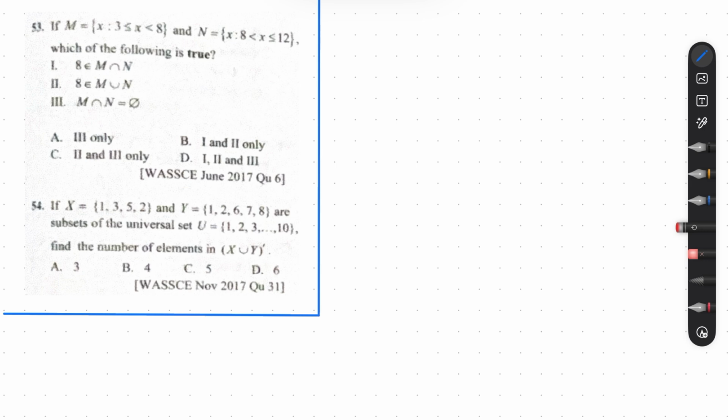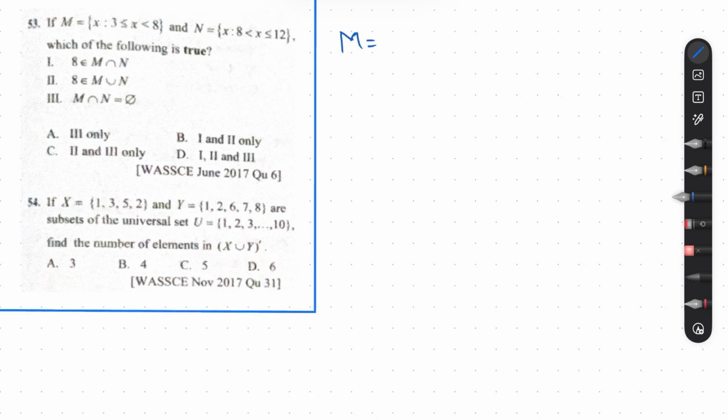And then for N, we have X is such that 8 is less than X less than or equal to 12. What this means is from 8 to 12, with 8 being non-inclusive and 12 being inclusive, because of the less than or equal to sign. Okay, so let's write it down.